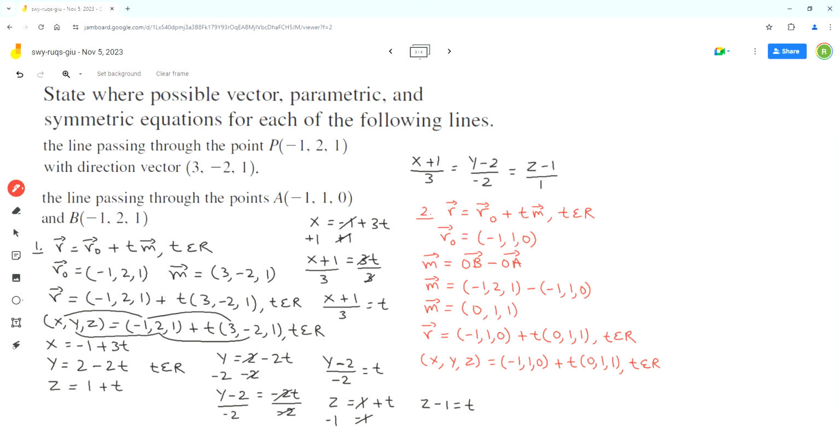Now we can break up this vector equation into the parametric equations. So for the x equation, we'll use the x components of these three vectors and we'll multiply the components of the direction vector 0, 1, 1 by t.